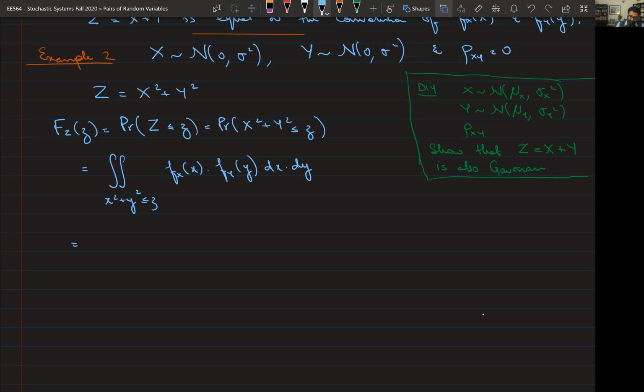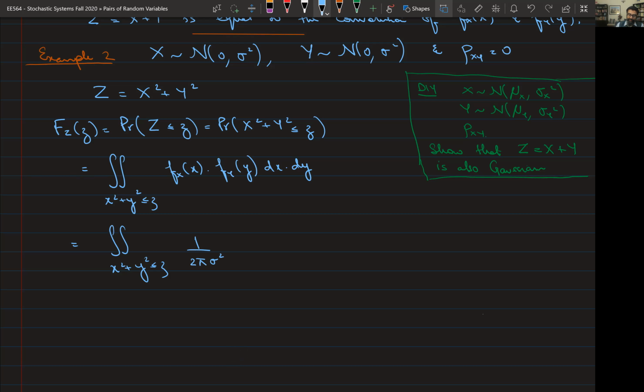So what is this equal to? This is a double integral over x squared plus y squared less than or equal to z. Fx of x is 1 upon root 2 pi sigma squared. Fy of y also has that root 2 pi sigma squared, and therefore this is going to become 2 pi sigma squared.